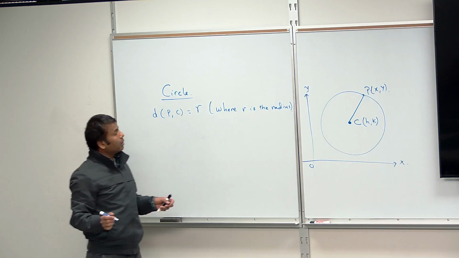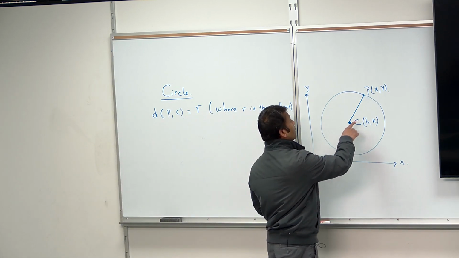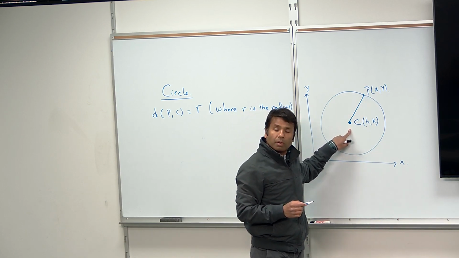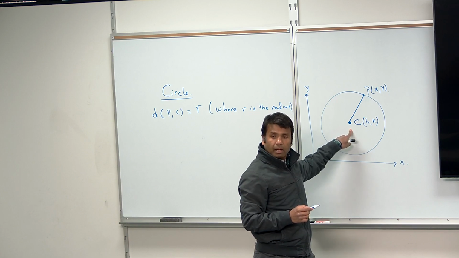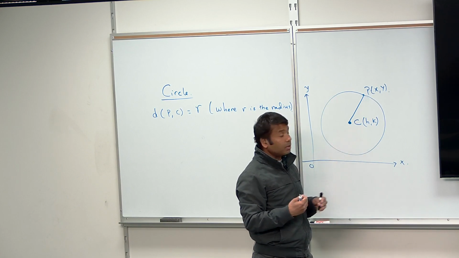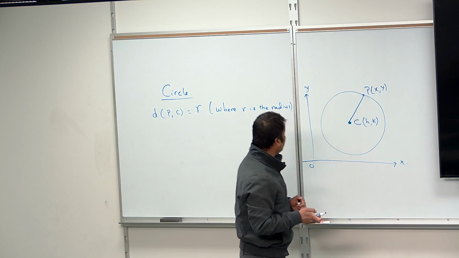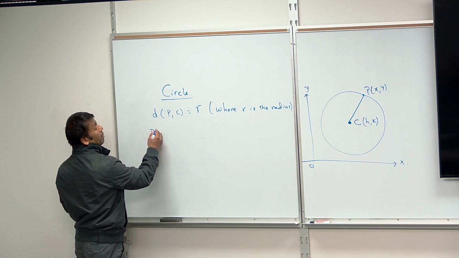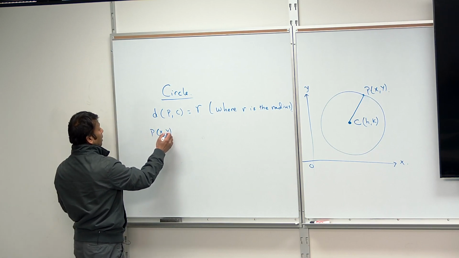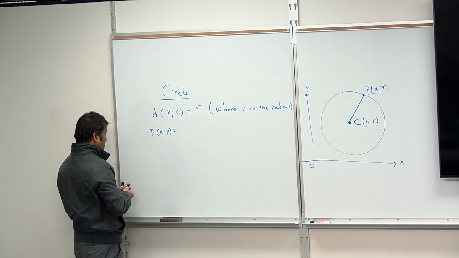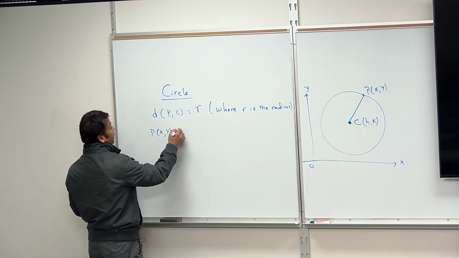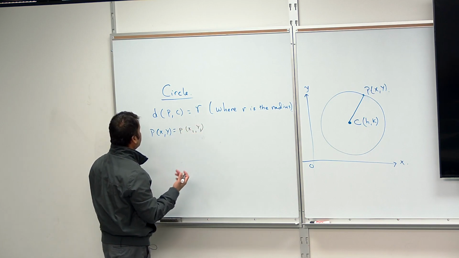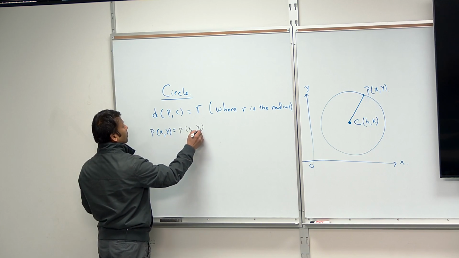And you have 2 points, P and C. The coordinate of the point P is x comma y, and the coordinate of the point C is h comma k, right? You want to find the distance between these 2 points, and you know the formula, right? Let's consider P(x, y) as x1, y1, or you can say x2, y2. It's up to you.